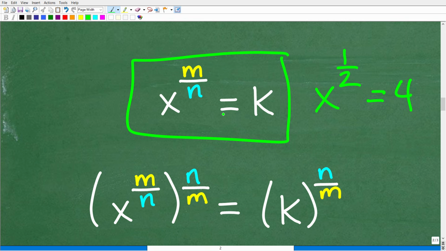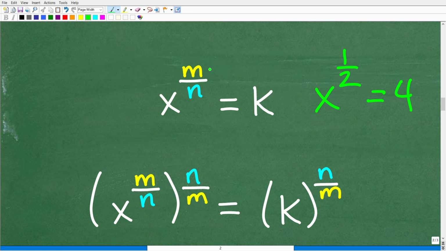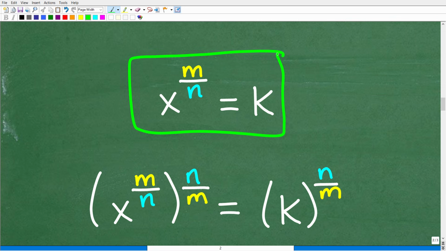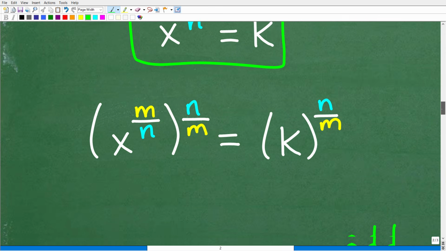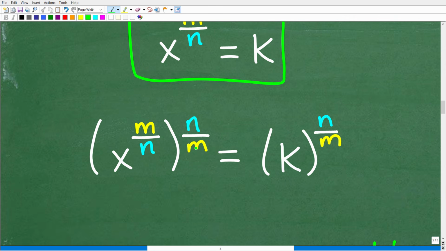Now this is where we want to get, kind of, any equation; we want to get it down to this form. Now to solve for this variable, or to solve for x, our m in this little example is 1, and our n is our 2. It's the denominator, okay? So when we have an equation in this form to solve for x, we're going to take both sides of the equation to the n over m power.